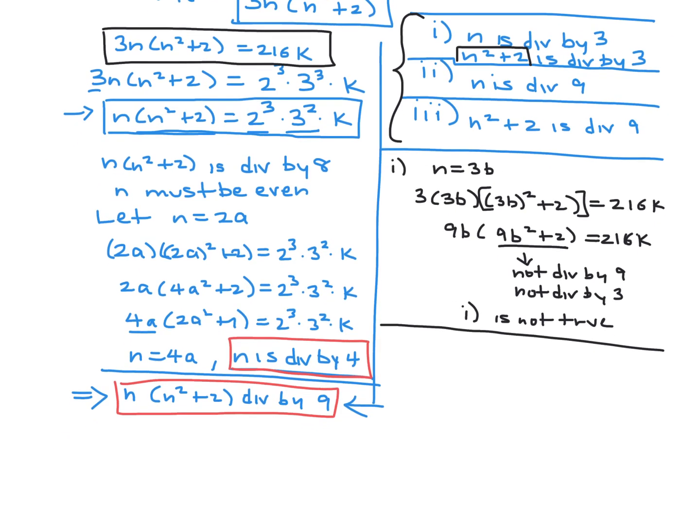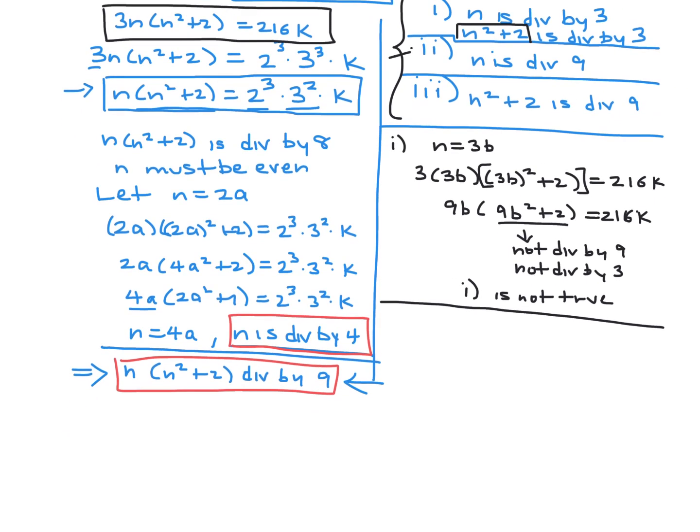Let's move on to the second part, and the third part. This time we're trying to get divisible by 9. So for part 2, n is divisible by 9, so let it equal 9b. And then this time when we plug it in, it becomes 3 times 9b times (9b squared plus 2) is equal to 216k.